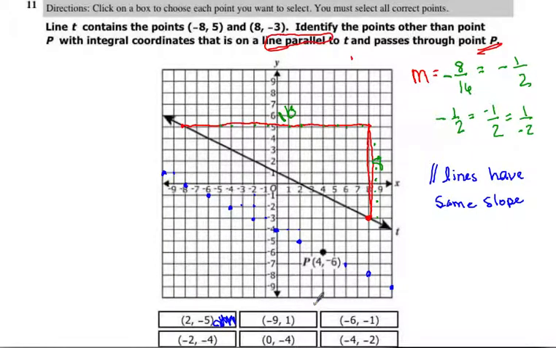Nope, that wouldn't be checked. (0, -4) would work. (-6, -1) would work. And (-4, -2) works as well. Just be sure to look and see what is actually on that line.